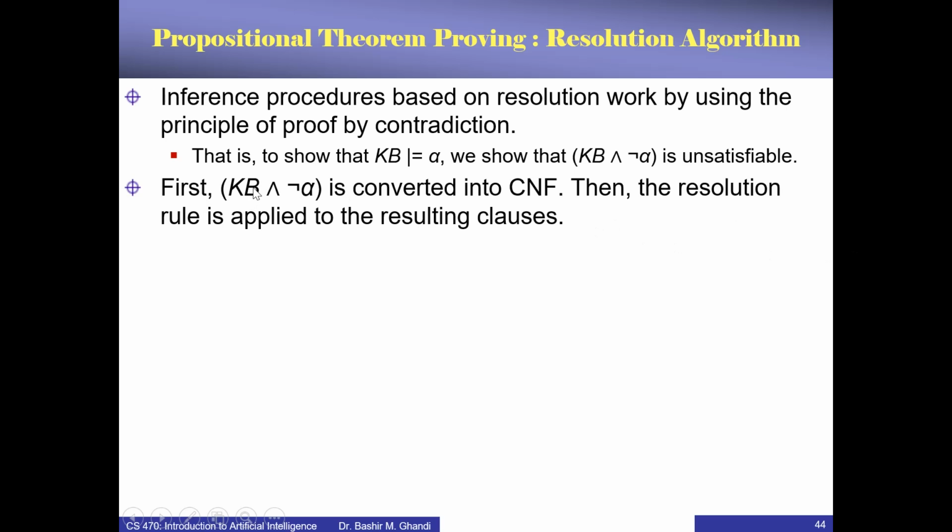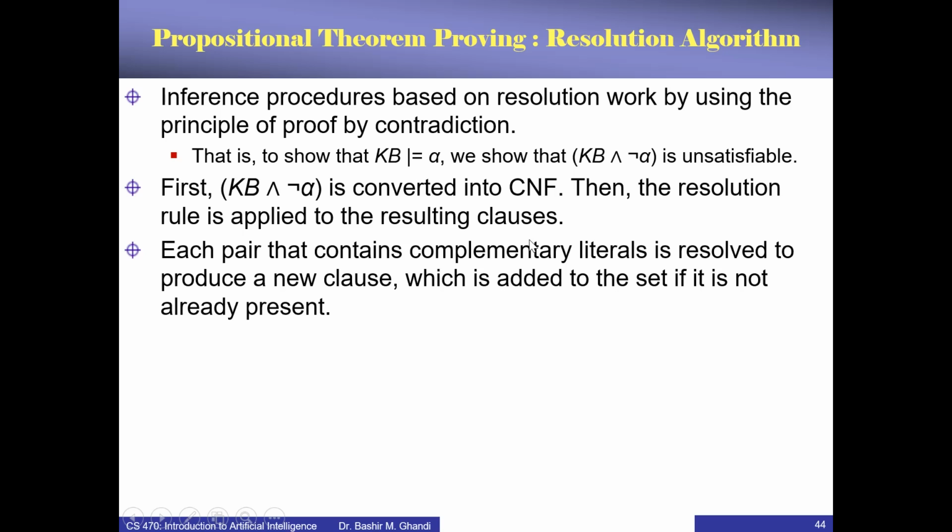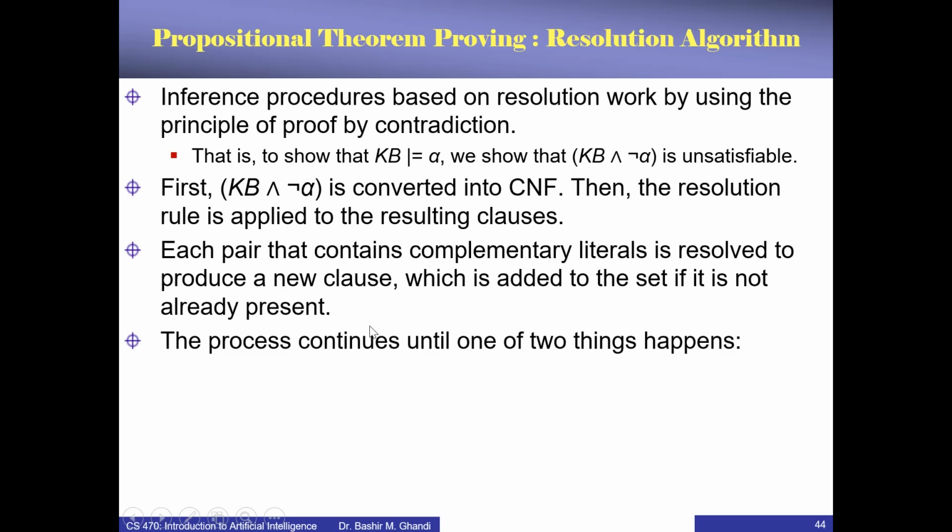So first, KB and not alpha is converted into CNF. Then the resolution rule is applied to the resulting clauses. Each pair that contains complementary literals is resolved to produce a new clause, which is added to the set if it is not already present.